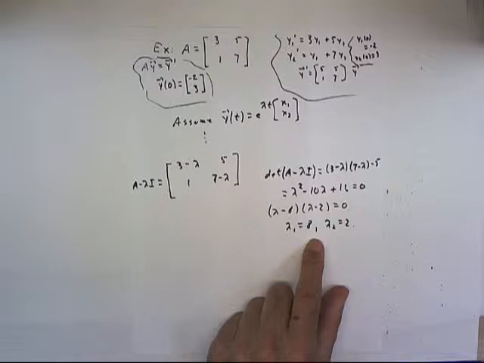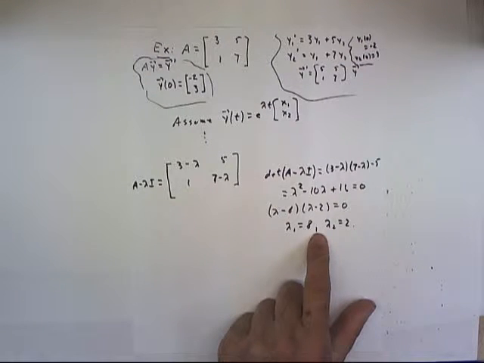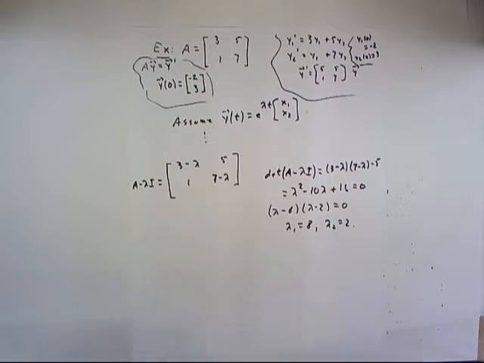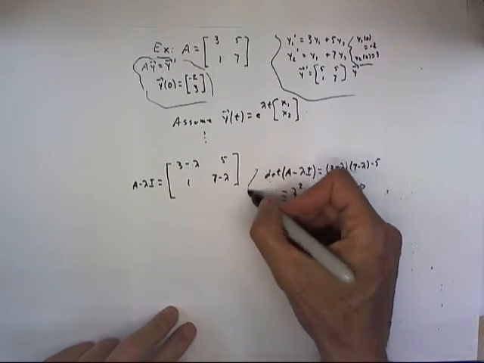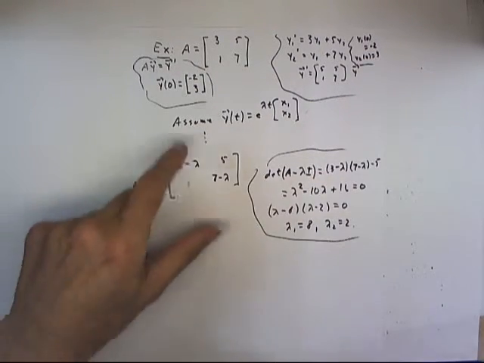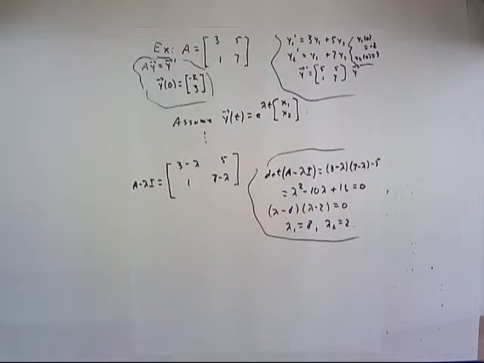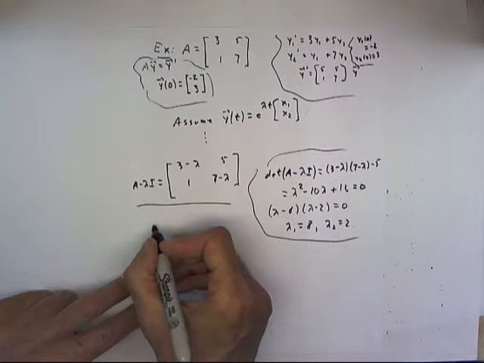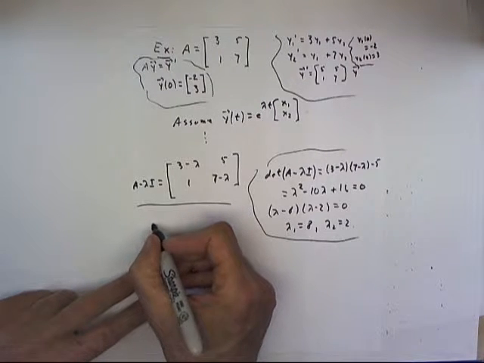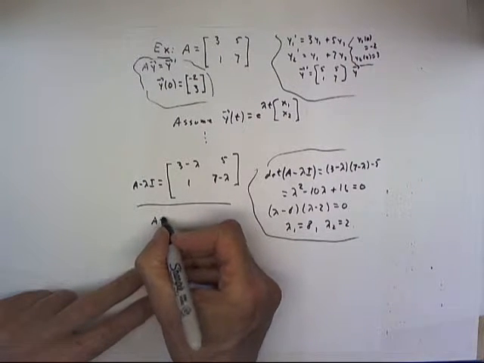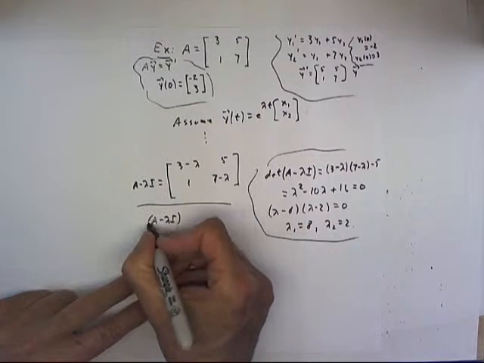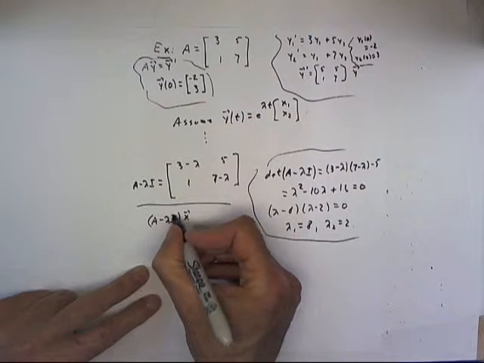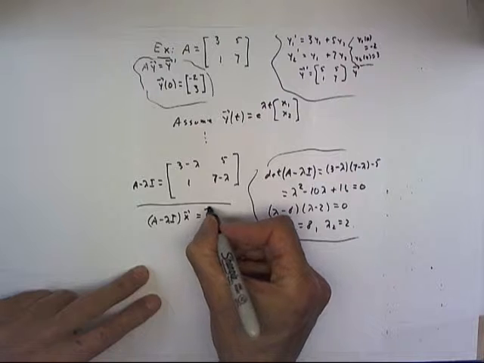Now each of these solutions should then lead to a solution to the differential system. The equation from which we got this determinant is A minus lambda I times x equals 0.